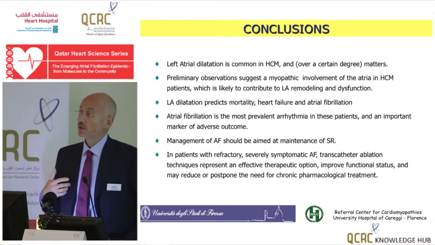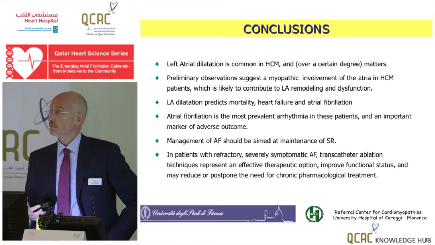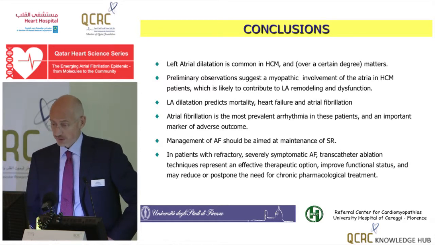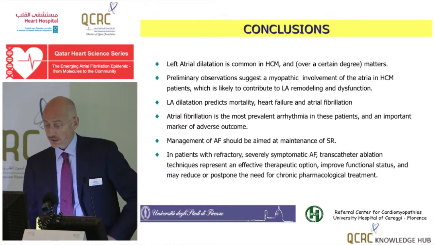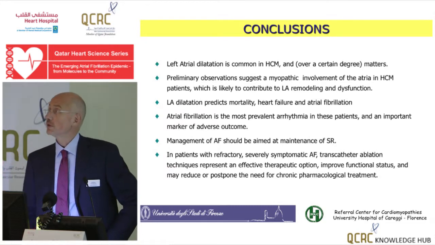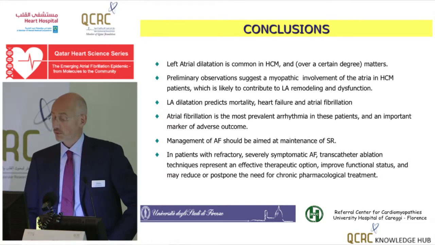Once atrial fibrillation occurs, it is an important marker of outcome, stroke risk, and quality of life. And it changes management forever after the first onset. I'm not so convinced we should aim for rate control in these patients when they're young. We should probably pursue rhythm control aggressively when indicated, but if we want to do so, we have to do this early. Thank you very much.